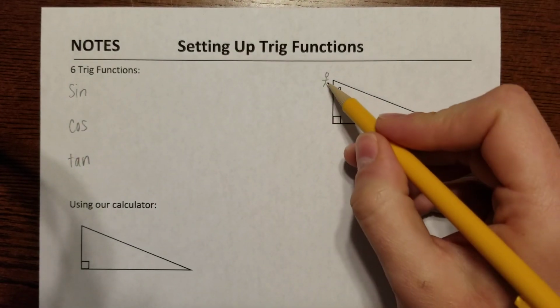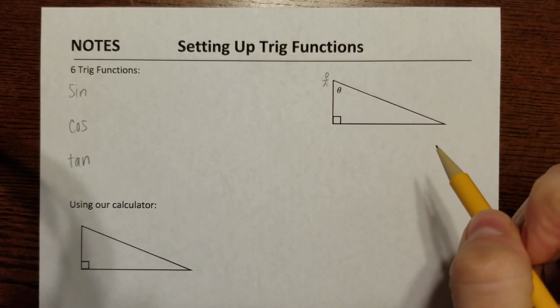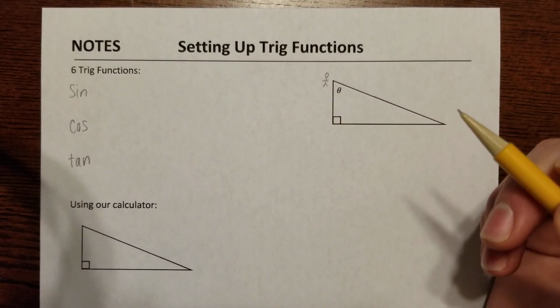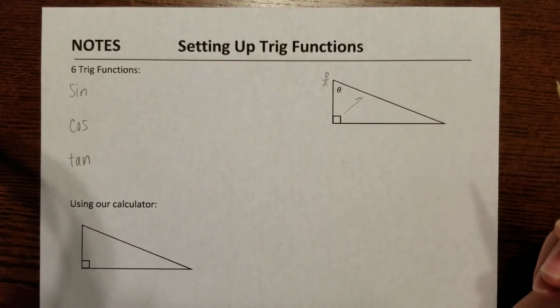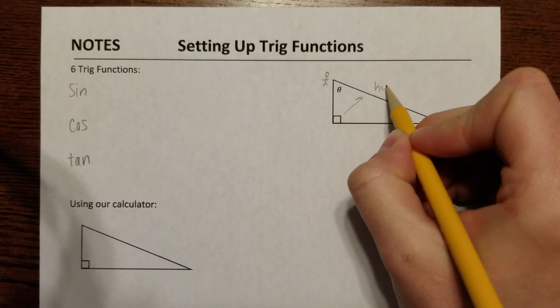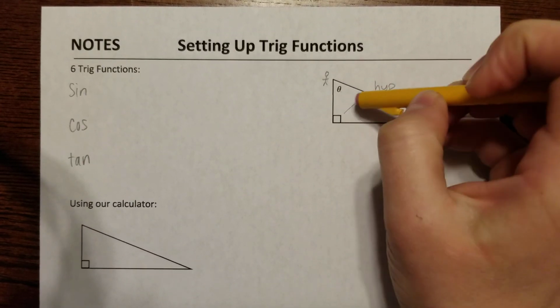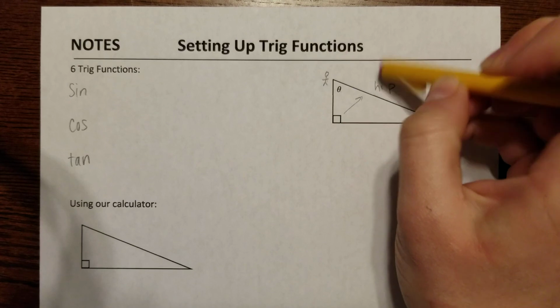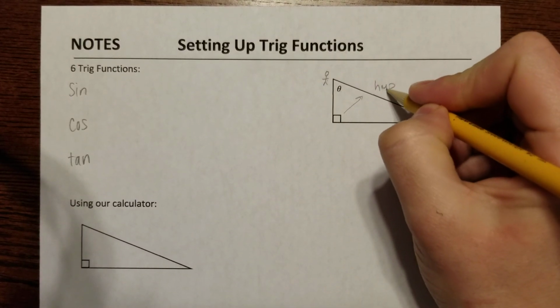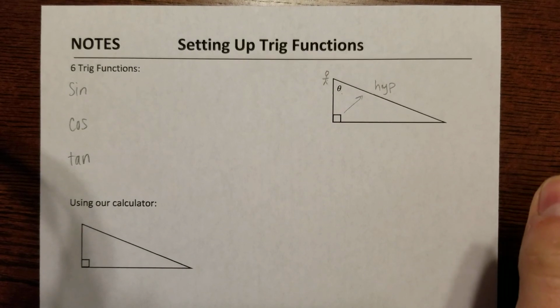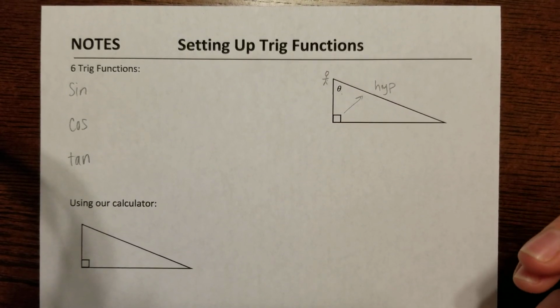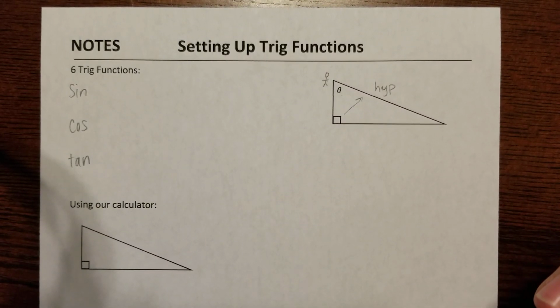If Bob is standing right here, the 3 sides we need to label are the hypotenuse, the opposite side, and the adjacent side. Hypotenuse is usually the easiest to find. It's always across from the 90-degree angle. Now the opposite and the adjacent side are going to be determined by where your reference angle is, by where Bob is standing. Opposite is always the side furthest away from your reference angle, all the way across the triangle.